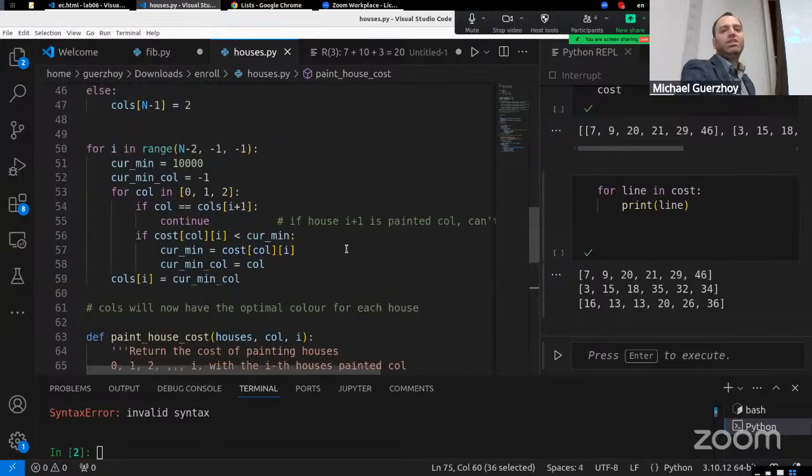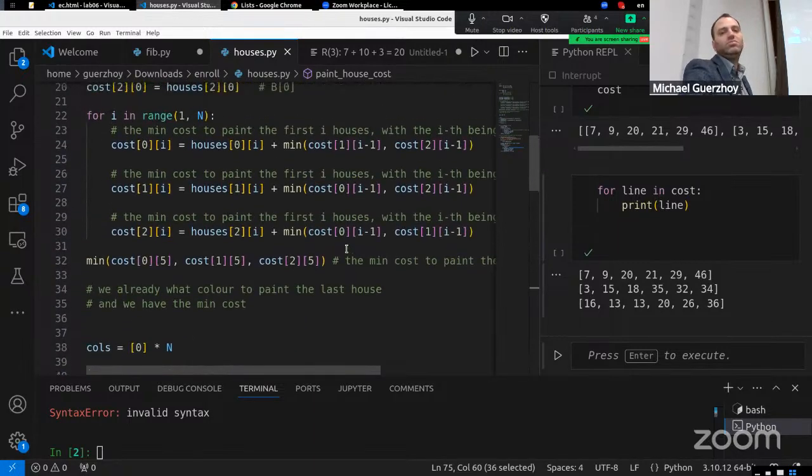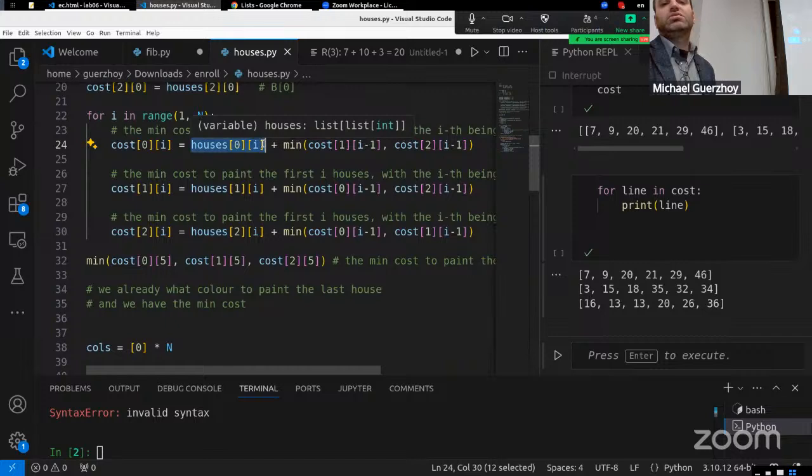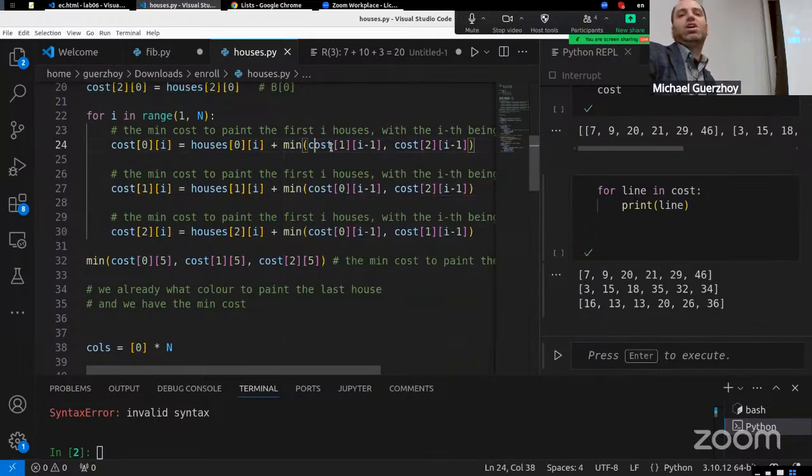So what we did here was the same thing. I just did not write it out as a loop. You could also do it as a loop with, for j in 0 up to 2, and you just do this formula. So it's the current cost, the house's color I, plus the smaller of the costs at I-1 for colors that are not the same as the current candidate color.